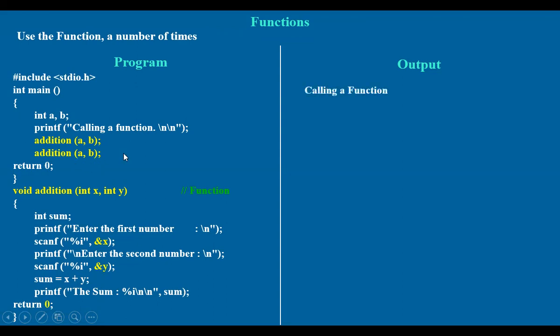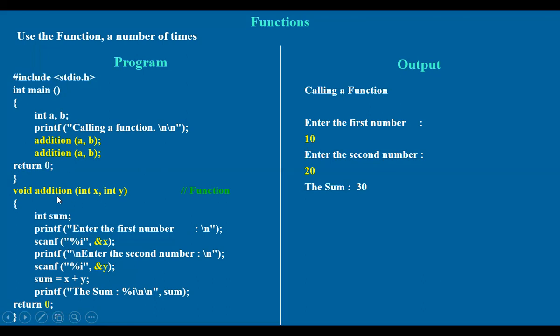Now compile and execute, calling a function. Yes, first the addition operation takes place. First the calling of this function addition a, b. Enter the first number, we entered some value, second number, added, the sum is this. This is over. Now coming to this one, addition again.